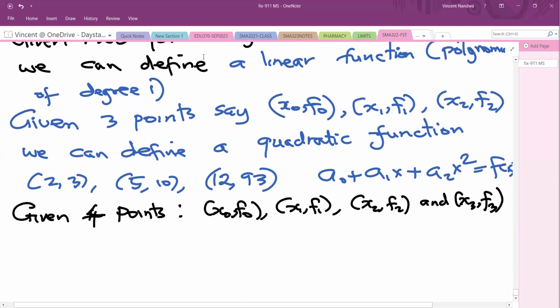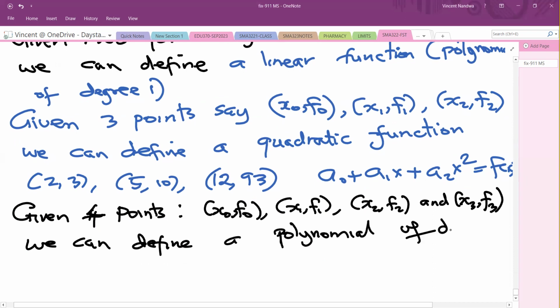Three, correct. So we can define a polynomial of degree 3, which is simply a cubic function.